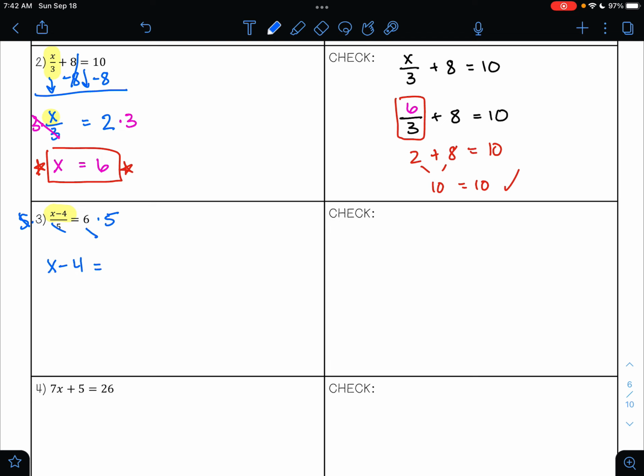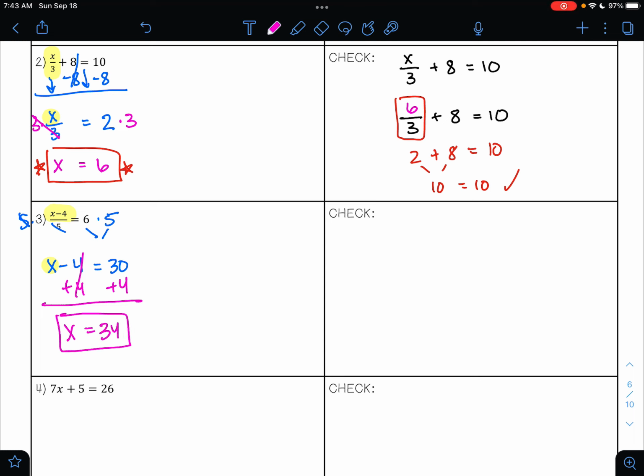And over here, 6 times 5 is 30. So now I have the equation x minus 4 equals 30. Our goal is to get x alone. How do I undo subtraction? Addition. And so I'm going to add 4 to both sides. And so I'll have x is equal to 34.